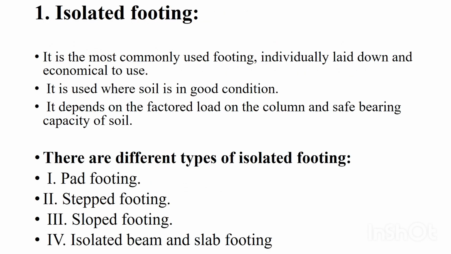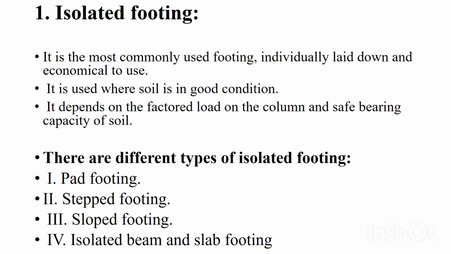Let's see them individually. Isolated footing is the most commonly used footing, individually laid down and economical to use. It is used where soil is in good condition. It depends on the factored load on the column and the safe bearing capacity of the soil.